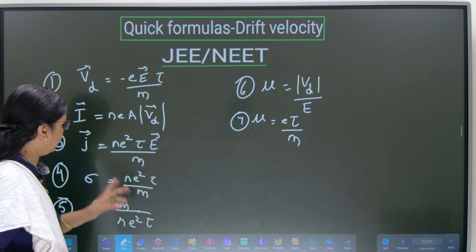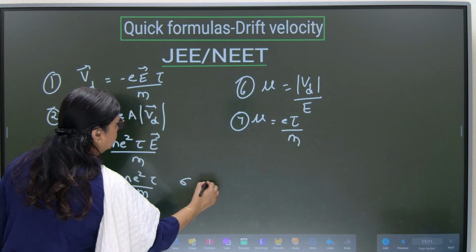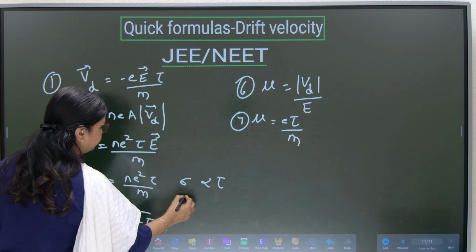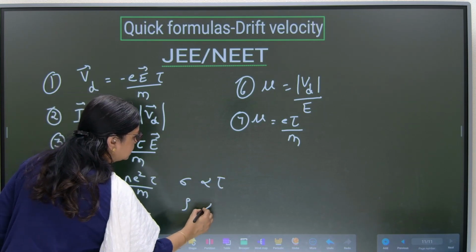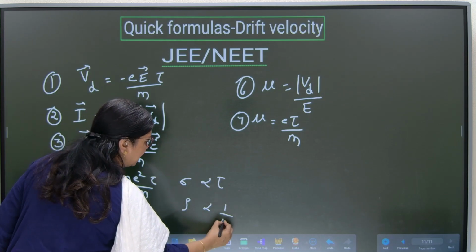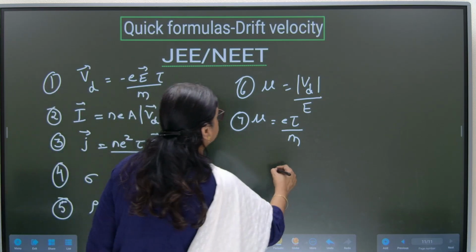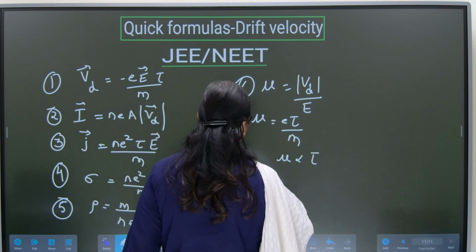Keeping n, e and m constant, we can also write sigma proportional to tau, conductivity proportional to relaxation time, resistivity rho inversely proportional to the relaxation time, and mu directly proportional to the relaxation time.